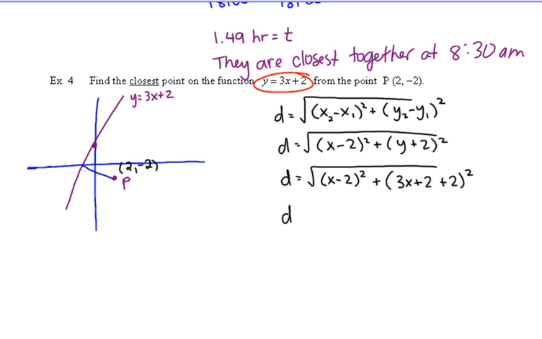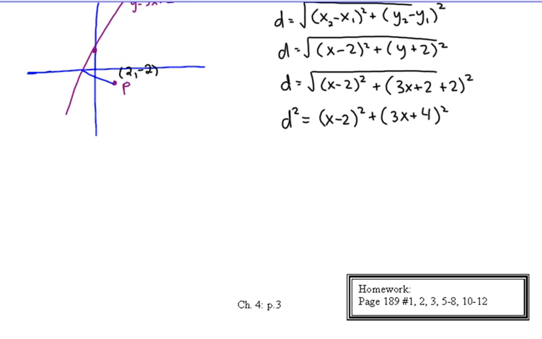So I'm going to square both sides to get rid of that square root because it'll make differentiating a lot prettier. Now do we have an equation with 2 variables? Yes, including the one we want to minimize. This is another way to solve this problem. We've learned other ways. This is just another way.